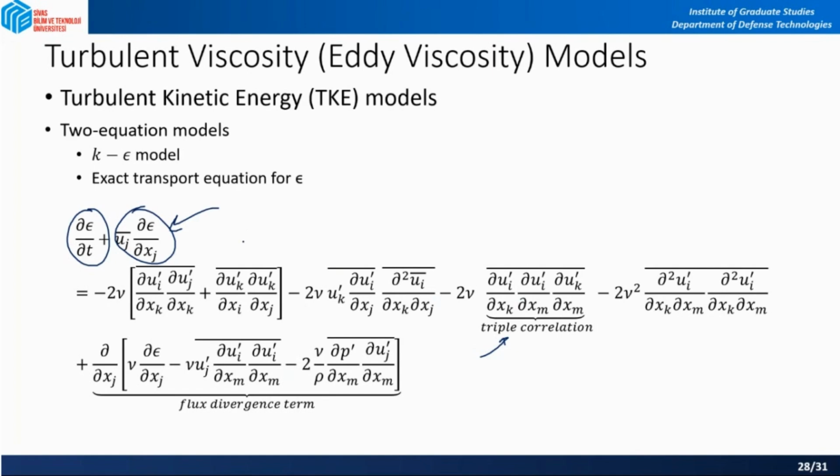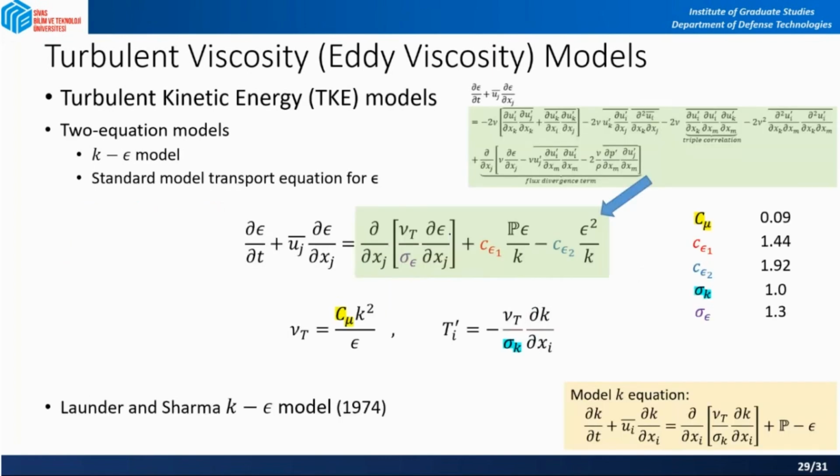In a regular RANS type simulation, this equation is not actually being solved. So the right hand side is entirely replaced by a completely different equation which is entirely empirical. So I will write it in here. In here what you see is the exact equation, and this is the model equation, the model transport equation.